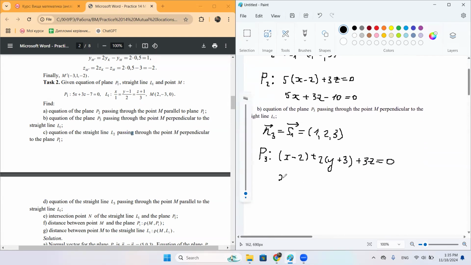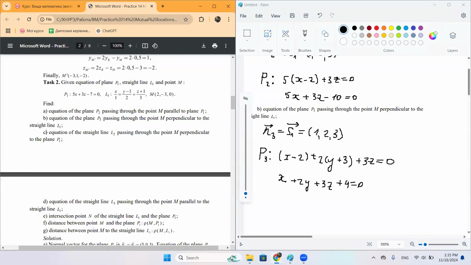So now let's expand. So x plus 2y plus 3z, and now let's calculate the free members. So 6 minus 2 plus 4. So equals 0. So that's what we need.